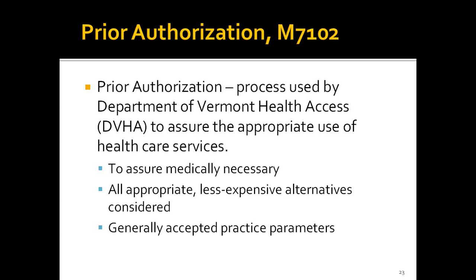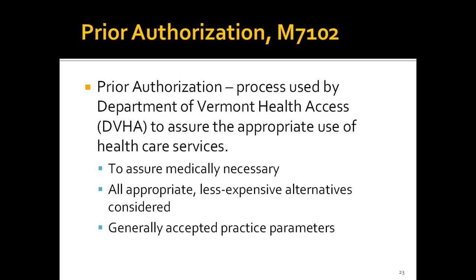And the purpose of this is to, one, assure that the need for the device is medically necessary, that it meets a medical purpose, and that in the kids context it's necessary to correct or ameliorate a medical or physical condition. Vermont Medicaid will look at whether or not the alternatives have been considered and whether there is an appropriate, less expensive alternative.